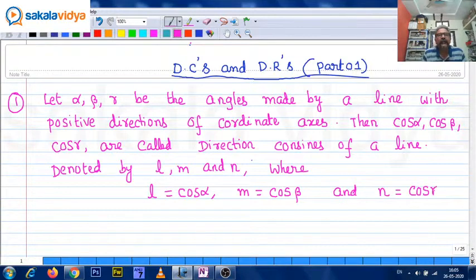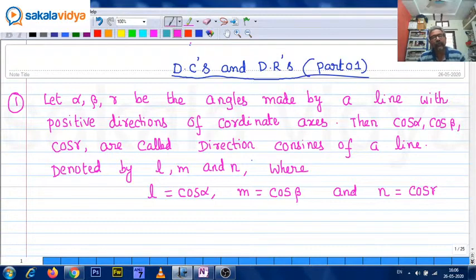So this is the definition of the direction cosines. Understood now? So for example, let alpha, beta, gamma be the angles made by a line with the positive direction of coordinate axes. Then cos alpha, cos beta, cos gamma are called direction cosines of a line.